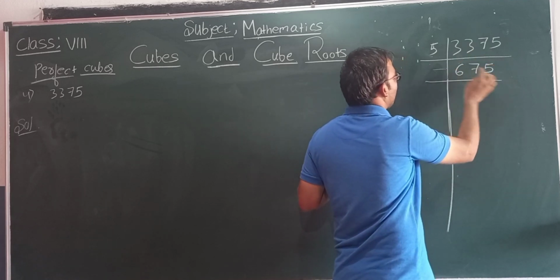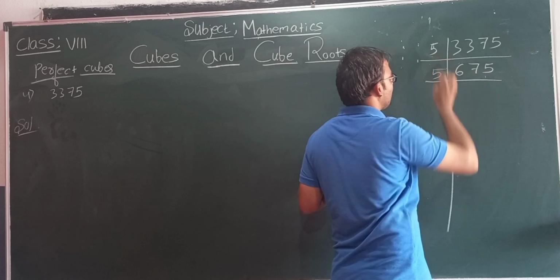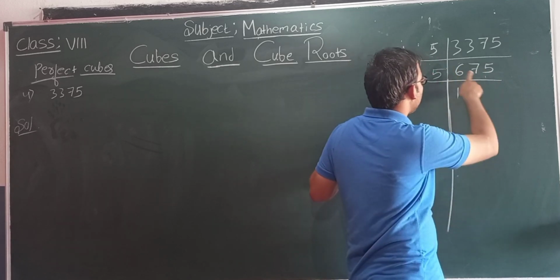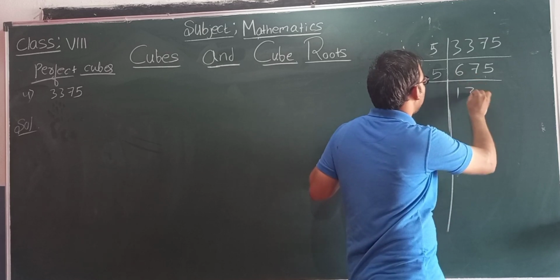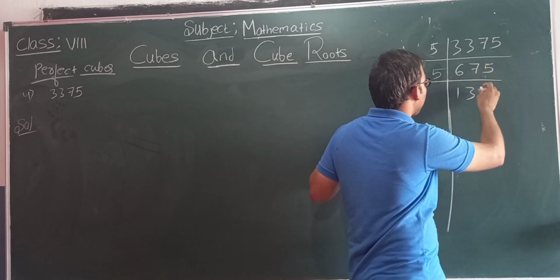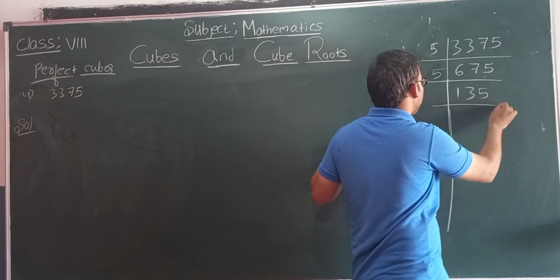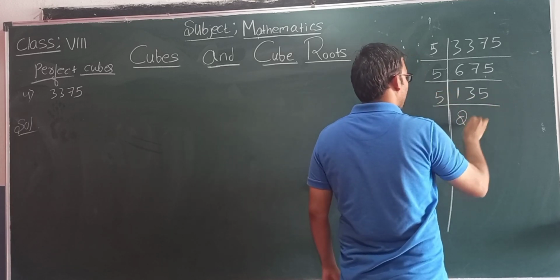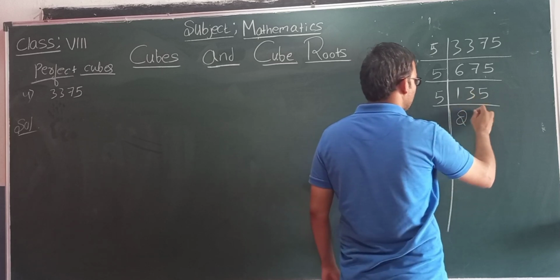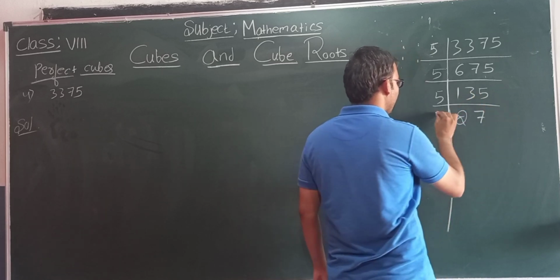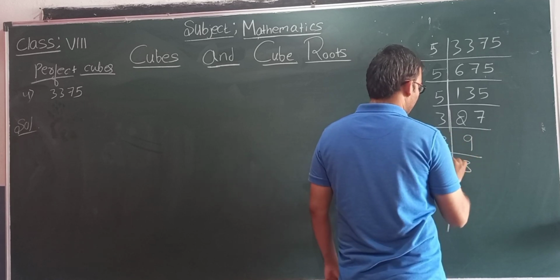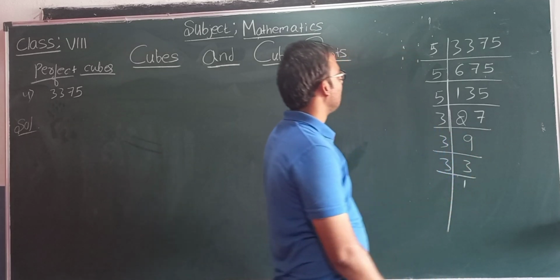Next, again 5 is the last, so we'll divide with 5. 5 1s are 5, 1 remains, it will become 17. 5 3s are 15, 2 remains, it will become 25. 5 5s are 25. Now again last 5. 5 2s are 10, 3 remains, 5 7s are 35. So 3 9s are 27. 3 3s are 9, 3 1s are 3.